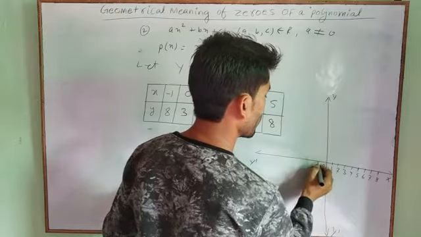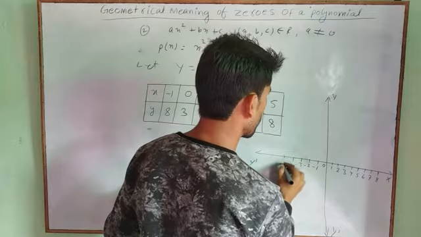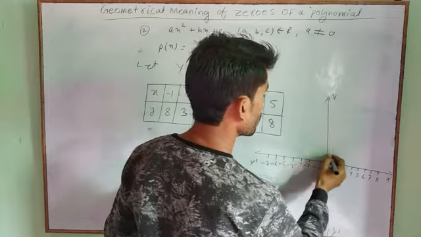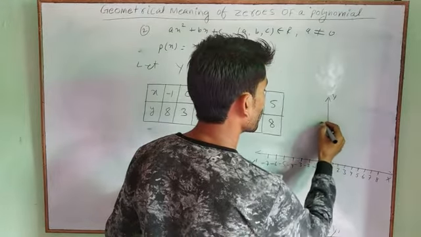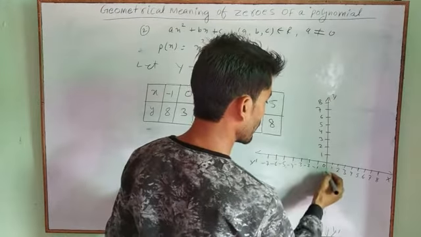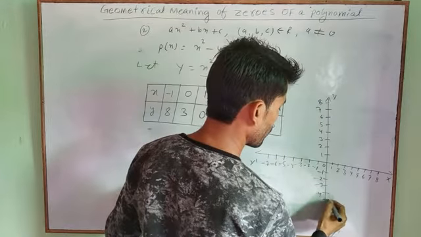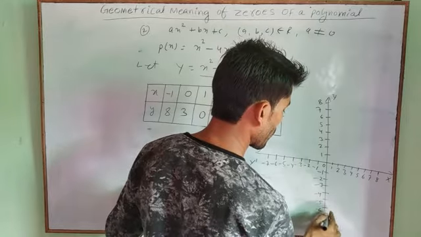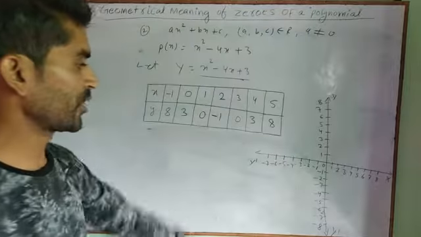And to the left of 0 we take negative values, -1, -2, -3, -4, -5, -6, -7. And here, 1 to 8 upward, and downward negative -1 to -8.